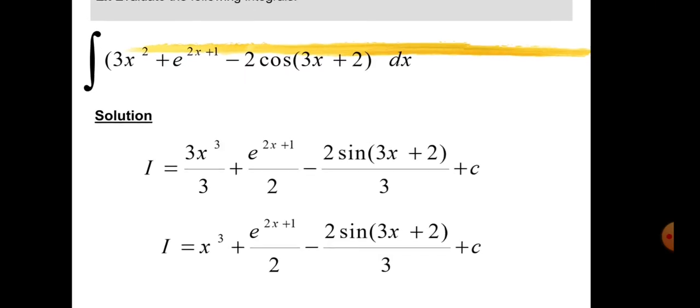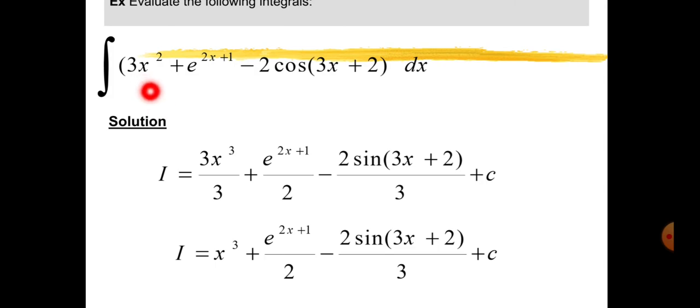Here we have some examples. Integration of 3x squared: its integration is x to the power 3, add 1 to the power and divide by the new power. And here we have 3. E to the power 2x plus 1: the integration of the exponential e to the power 2x plus 1 is e to the power 2x plus 1, but over the coefficient of x here, which is 2.